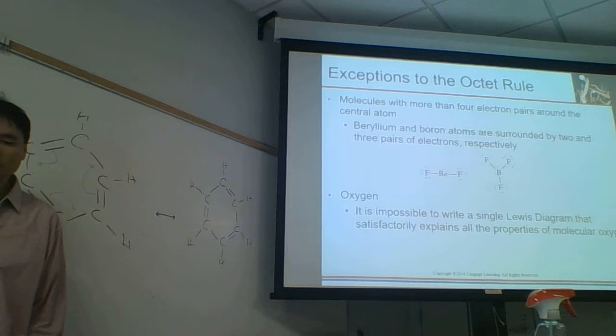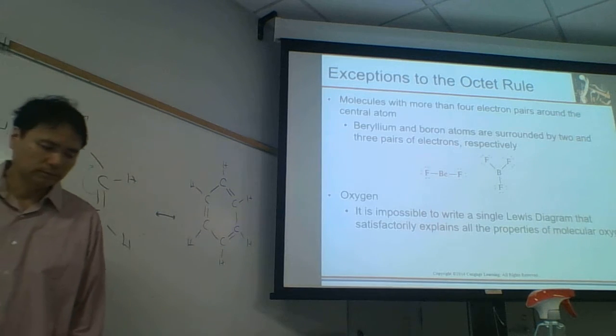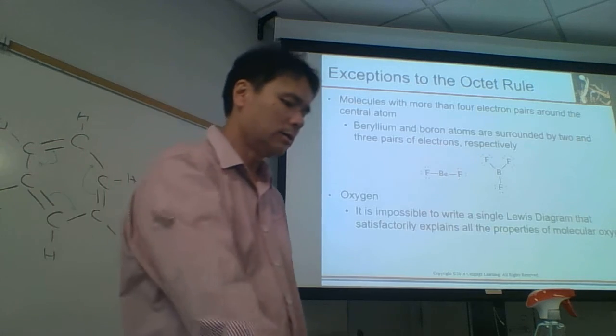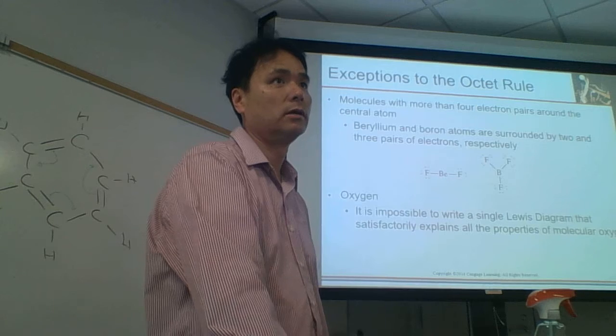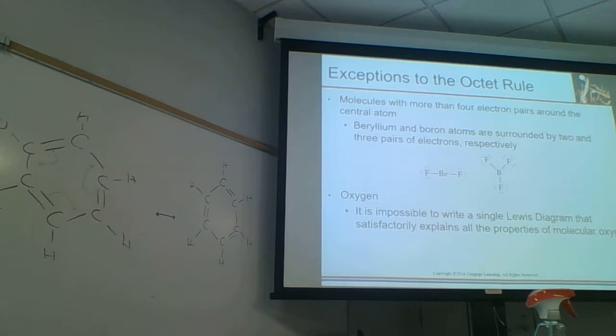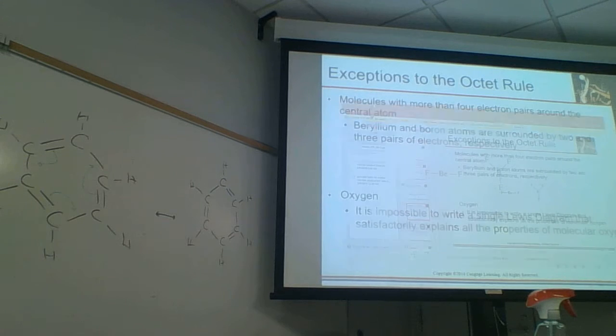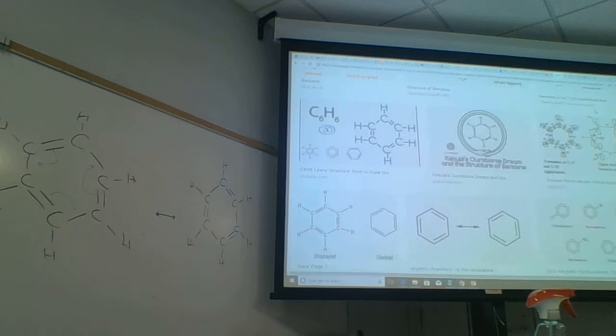And so maybe we should drop these Lewis structures and use some other approach. And that is exactly what we can do. We can drop this and use another approach. Except the problem with the other approach is that it is quite difficult.